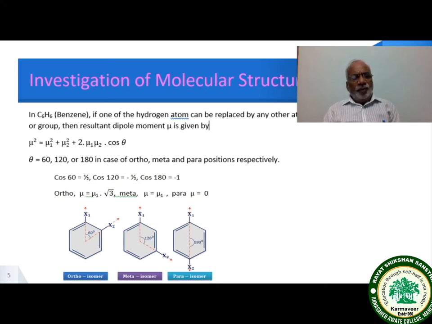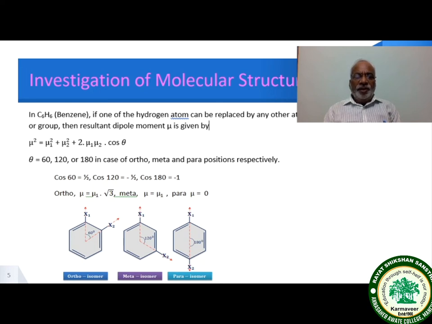By substituting these values, let us consider both the groups are the same, X1 equal to X2, maybe chlorine, maybe bromine, maybe a nitro group. Then the resultant dipole moment according to this formulation is, for the ortho position, mu equal to mu1 times root 3. For the meta position, mu is equal to mu1, and for the para position, mu is equal to 0.